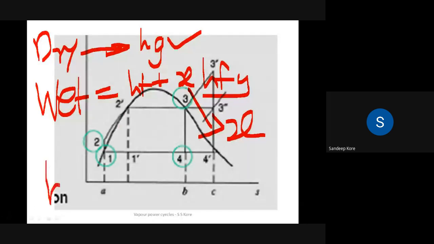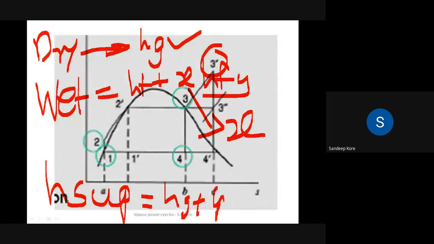Now the enthalpy of superheated steam, which is not in our scope, is Hg plus Cp into T sup minus T sat. Hg means total heat, that is sensible plus latent heat, and T sup minus T sat is called the degree of superheat.